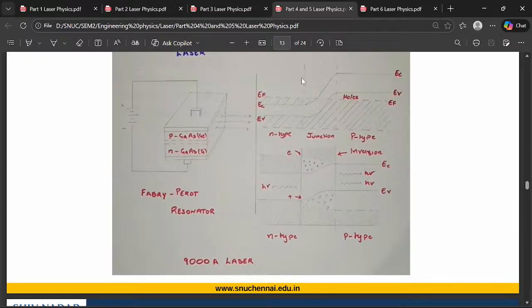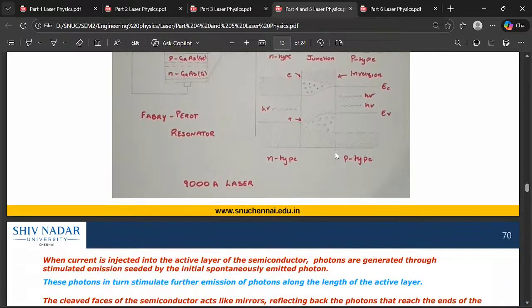When this Fermi level gets raised, it automatically creates a population inversion there. The Fermi level is basically the level up to which electrons can be present in an atom. So when the Fermi level is increased, the population inversion is automatically achieved, and with that the stimulated emission can be done.